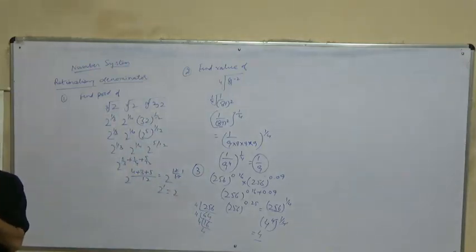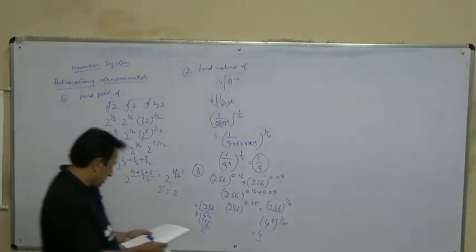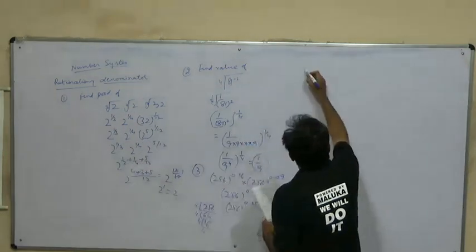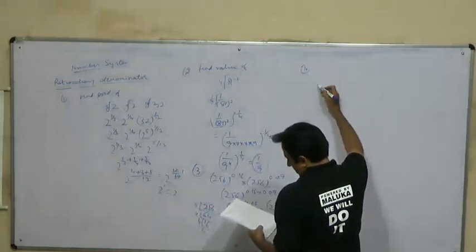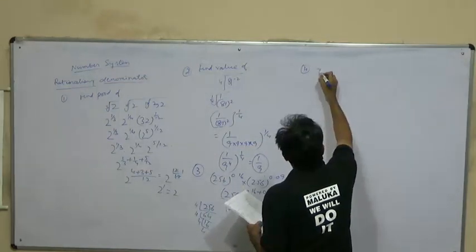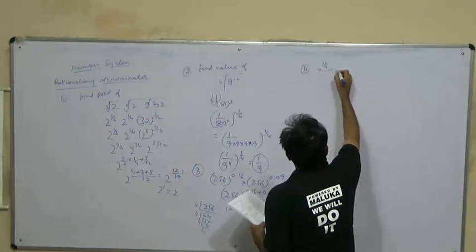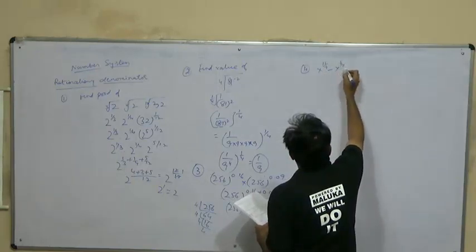Then next is, we have to check which is equal to x. So just look, we write this question as, fourth question is x raised to power 12 by 7 minus x raised to power 5 by 7.